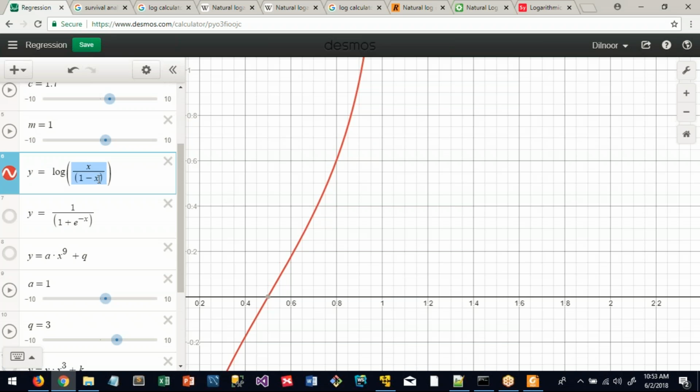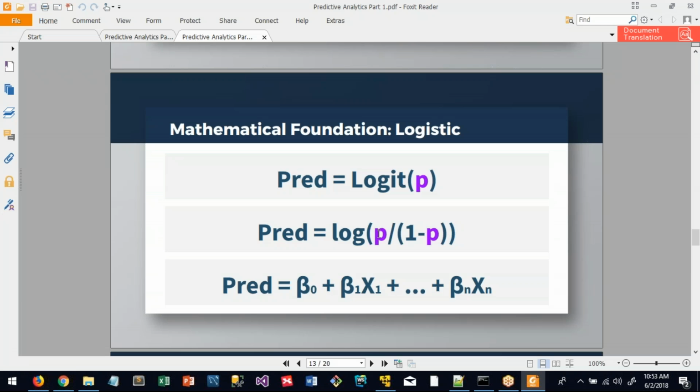Now we understood that this x divided by 1 minus x is very similar to the x here, right? It has the same properties as the probability variable. Whenever we calculate the probability of anything, we know its value ranges between 0 and 1.